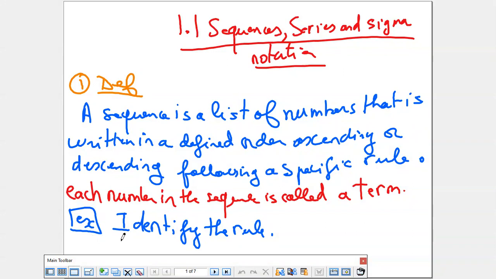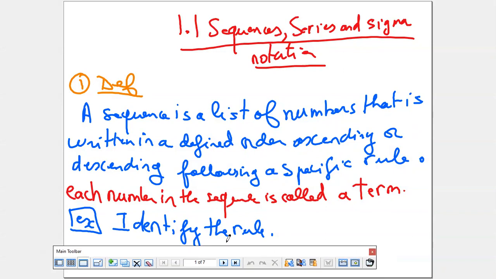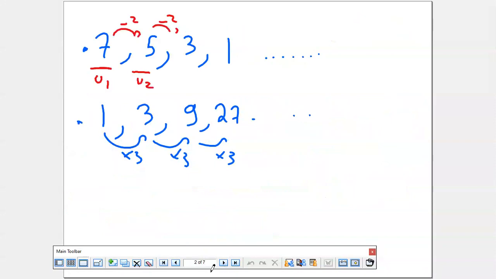First example, the question is to identify the rule in this sequence. If I look at this sequence 7, 5, 3, 1, what's happening from 7? How am I getting 5? I'm doing minus 2. From 5, how am I getting 3? Minus 2. And then I continue minus 2 and can even continue to get more and more terms.